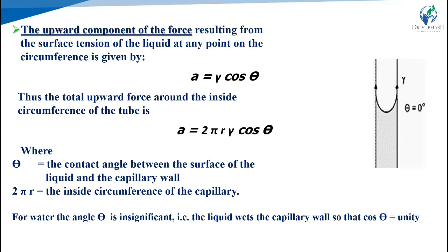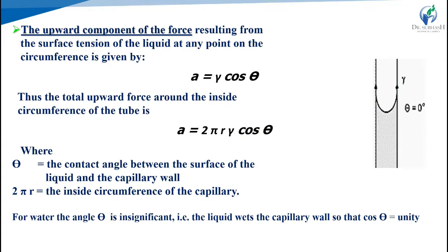The total upward force along the inside circumference of the capillary is given by the equation 2 pi r gamma cos theta, where r is the radius of the capillary tube.